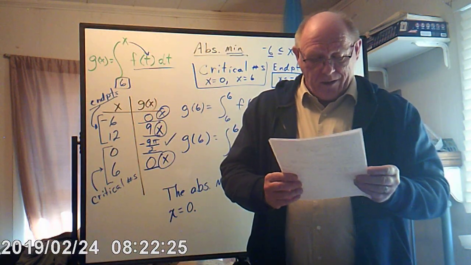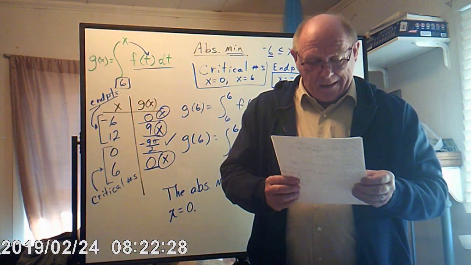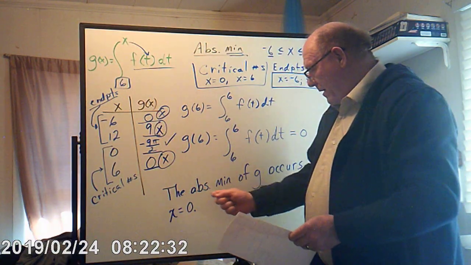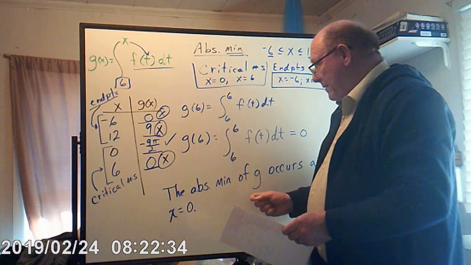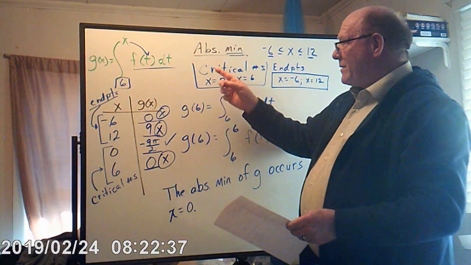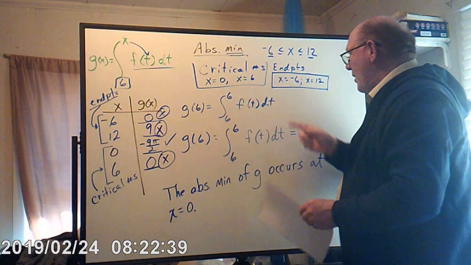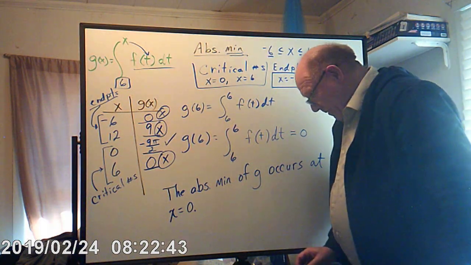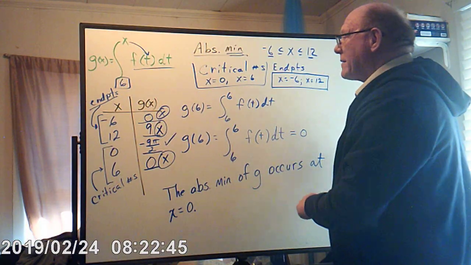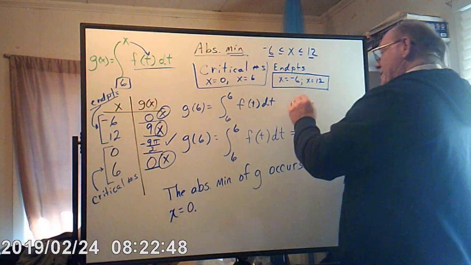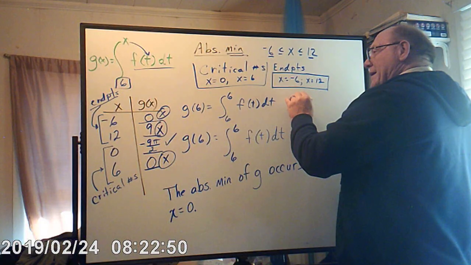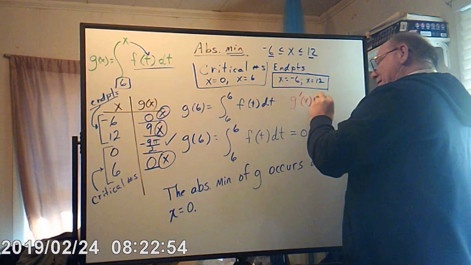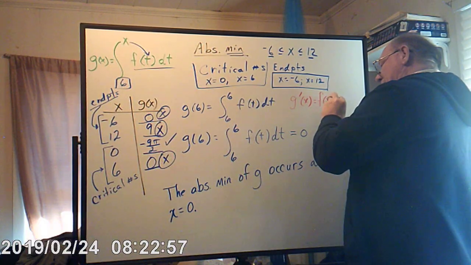Now, again, you're making sure that it does ask for, it says find the value of x. Alright, the absolute min. Absolute min means you find the derivative, you need to show. Well, I must have erased it. We do have g prime. You gotta say, g prime at x, that somewhere needs to be in there, equals f at x.